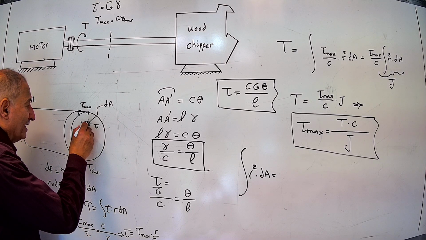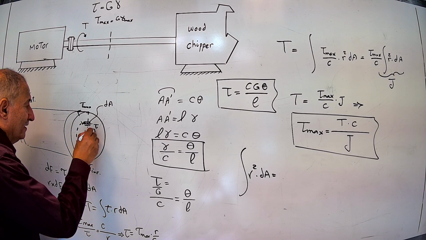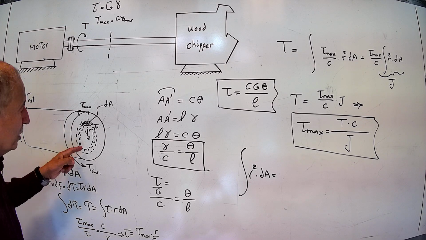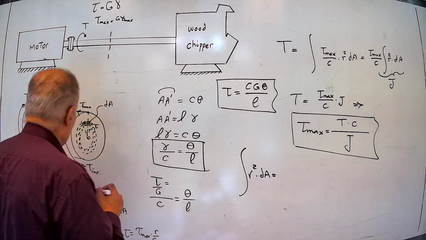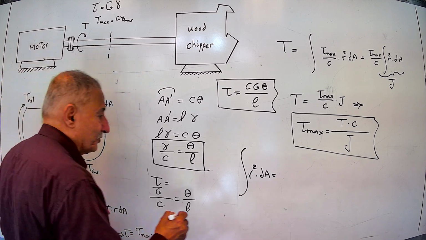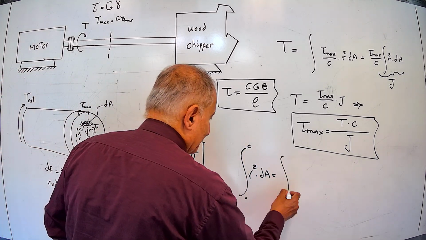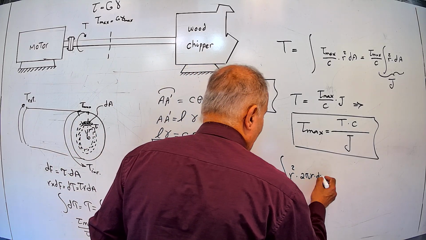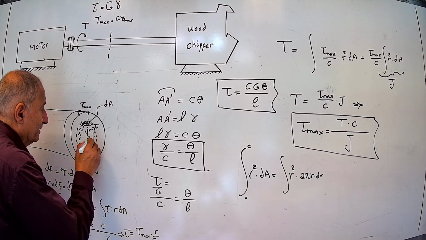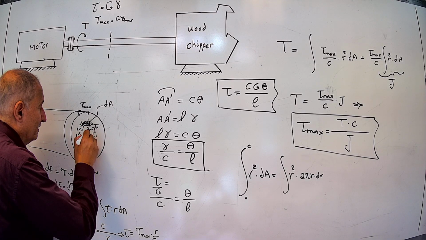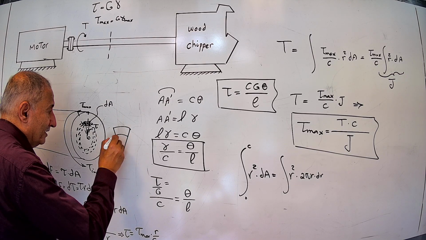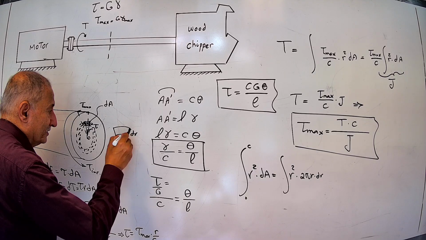I can take dA as a ring, where the integration goes from 0 to C. I can take the ring's circumference 2 pi R times its thickness dr. This is 2 pi R dr. The thickness of this is dr. Okay, let's draw this element. This thickness is dr.